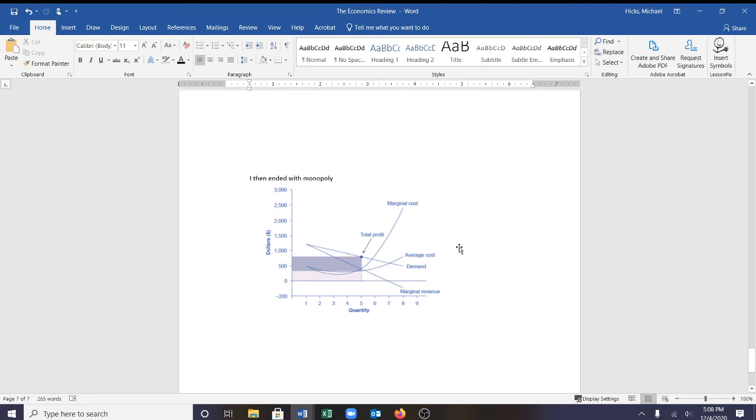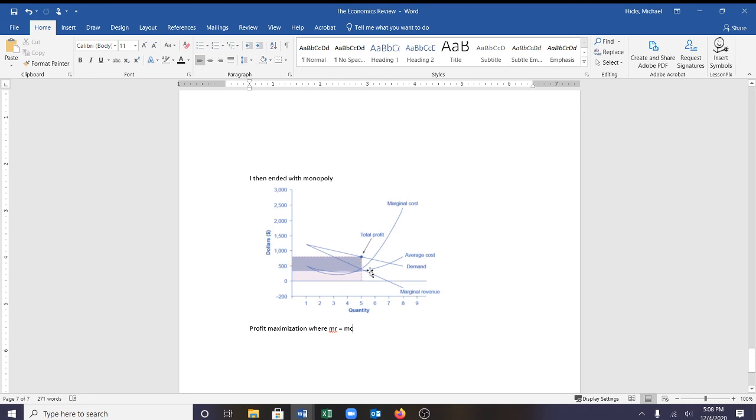And you can see that all firms are going to set profit maximization: marginal revenue is equal to marginal cost, right? And so here, marginal revenue equals marginal cost, which gives us the quantity. That's 5 units that they're going to produce, and that gives the price of that product.